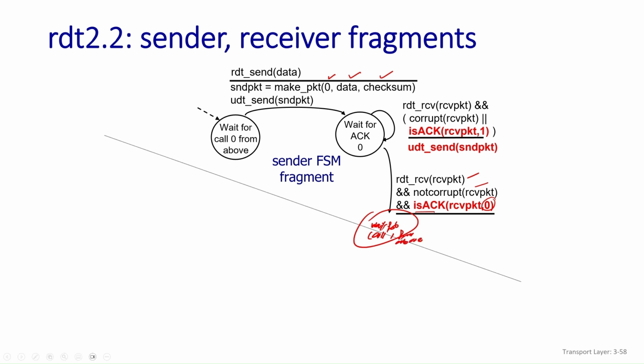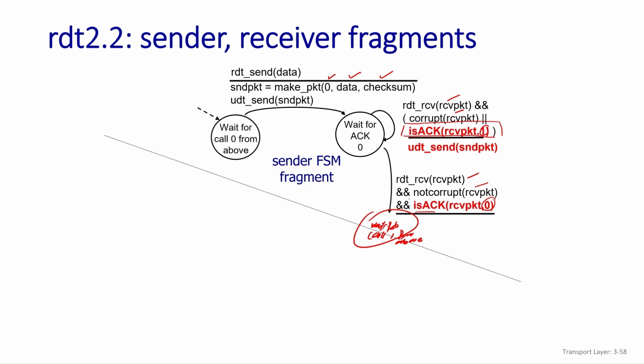Now look at this event. The sender receives a packet, and either the packet is corrupt or it is an acknowledgement, but an acknowledgement for one, where the sender was waiting for the acknowledgement for packet zero. It will retransmit the segment. Either it's an acknowledgement or not, I'm also checking whether this acknowledgement is zero or one.